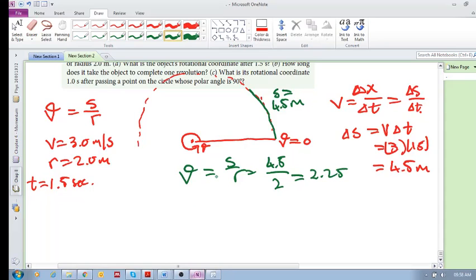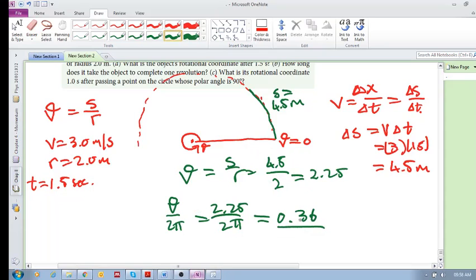Remember what we said earlier in the previous video: if we divide theta by 2 pi, which is 2.25 divided by 2 pi, we get 0.36 approximately.